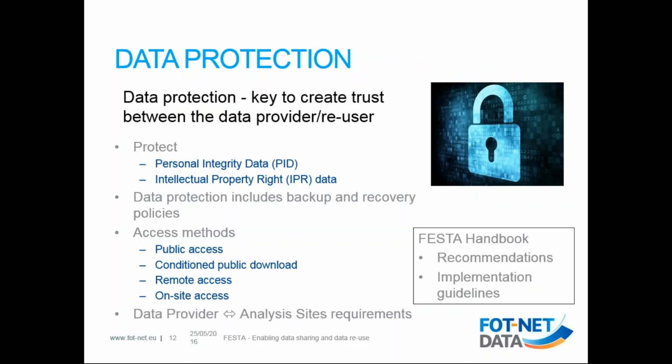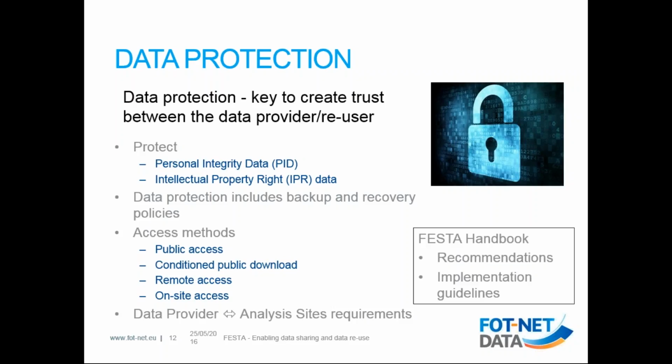Another one is data protection. Data protection is the actual key to create trust between the data provider and the reuser. And it is important that this is set early in the project, and also that you know how it will be done after the project.